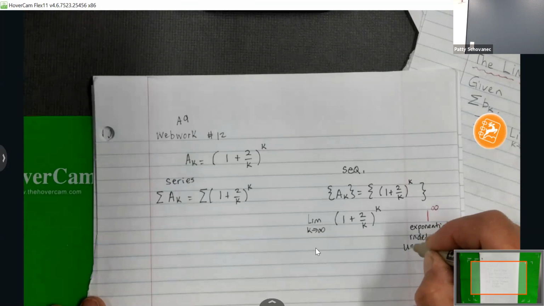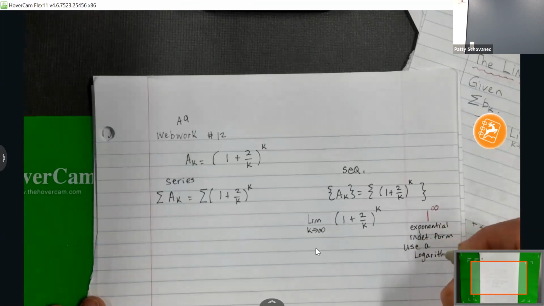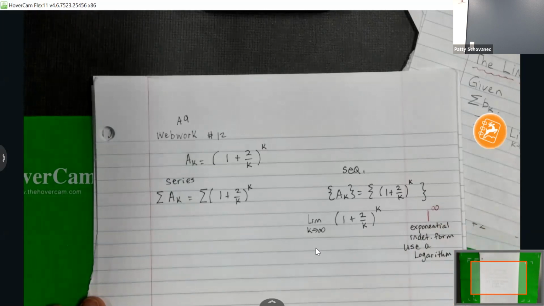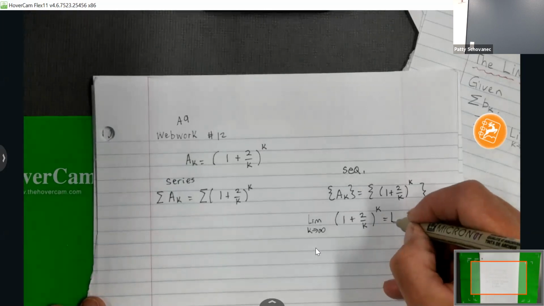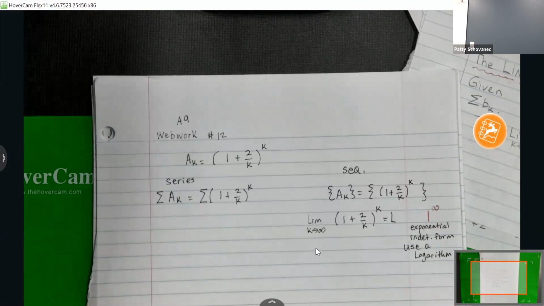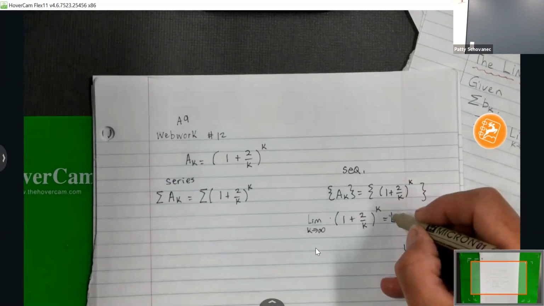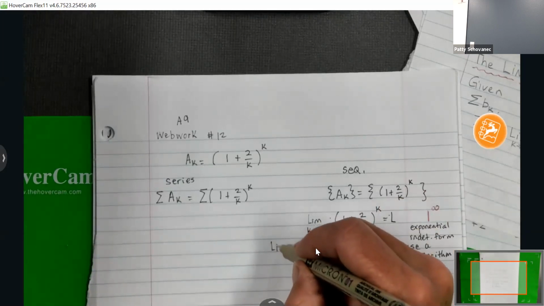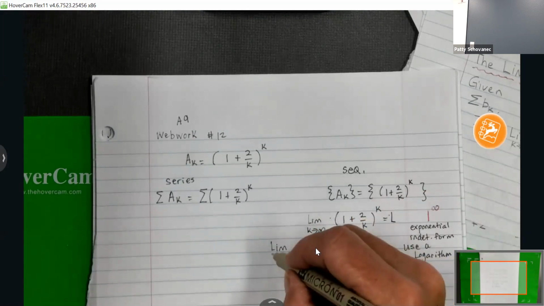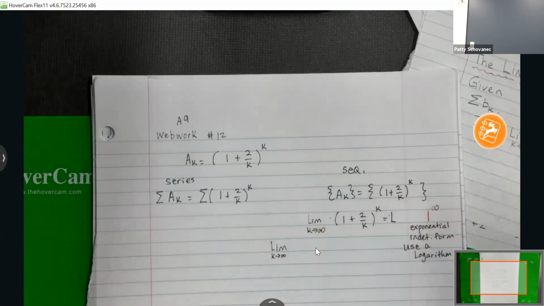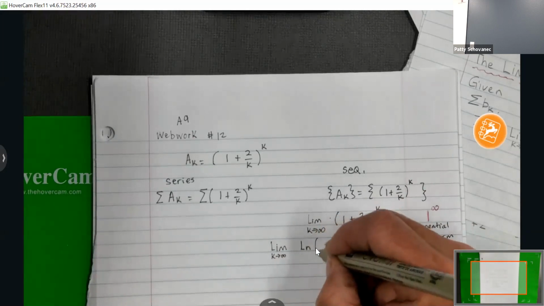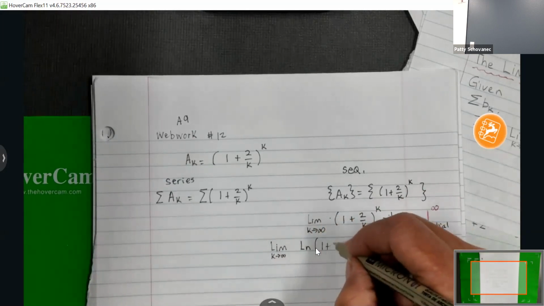We're going to use a logarithm. Let's call that limit L, and let's take the natural log of both sides. I'm going to slip the logarithm here and here. So we're going to have the limit as k goes to infinity of the natural log of (1 + 2/k)^k.